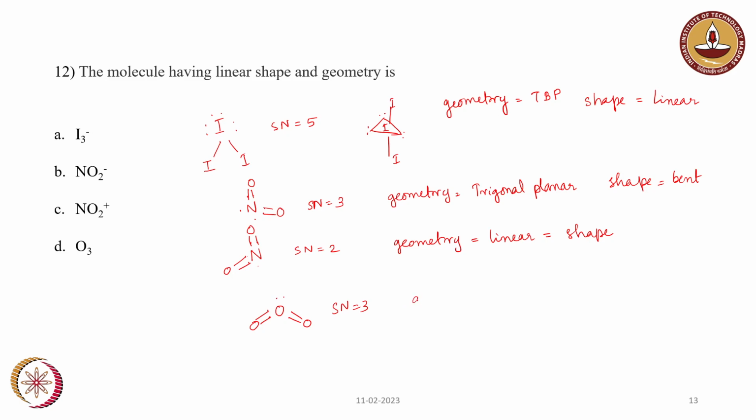And expected geometry is trigonal planar, and shape is bent. So the question is molecule having linear shape and linear geometry. So the NO2 plus is the one with both shape and geometry as linear. So option C is the answer.